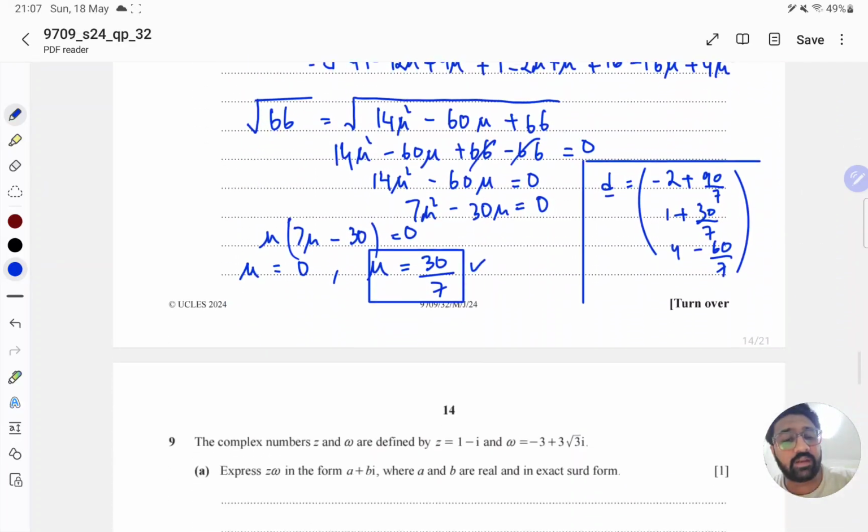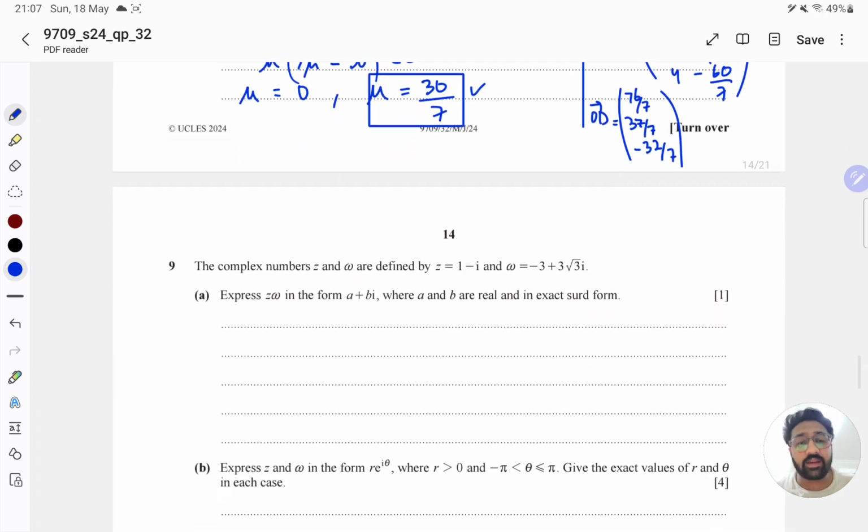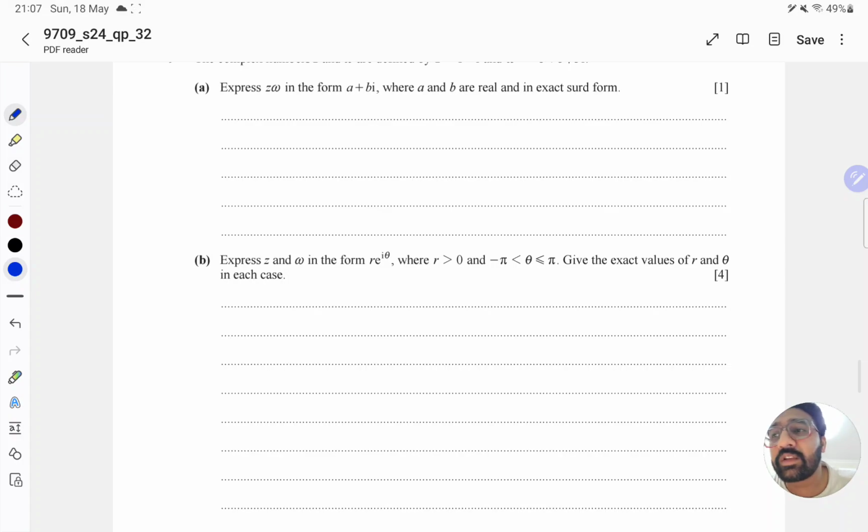So the position vector D, let me write, it will be 76 by 7, 1 plus 30 over 7, which is 37 over 7, 4 minus 60 over 7, which is minus 32 over 7. So this is the last position vector for this. Let's move to the next question.